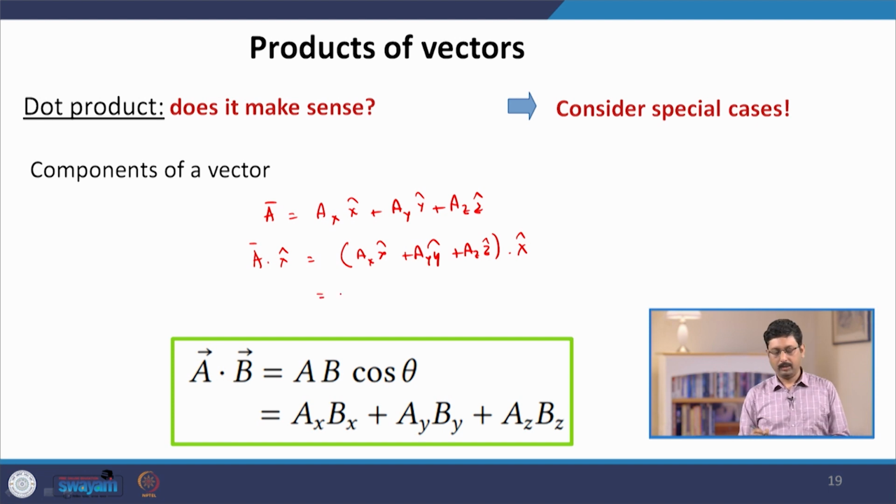From the previous calculation, x dot x is 1, so you will get a x, and y dot x is 0 and z dot x is 0. So, you just get a x. So, a x represents the projection of A along the x direction, and similarly a y and a z. This gives you a pictorial meaning of the components of a vector.